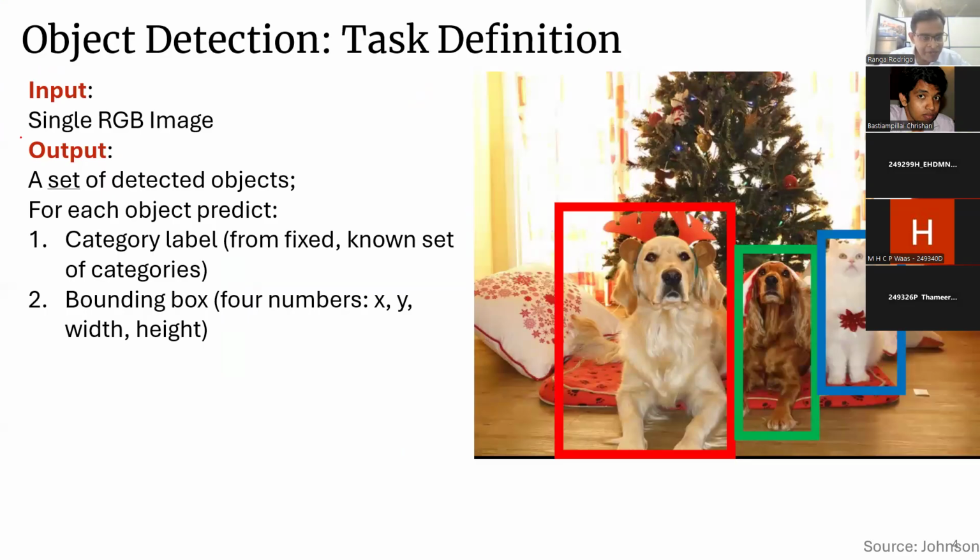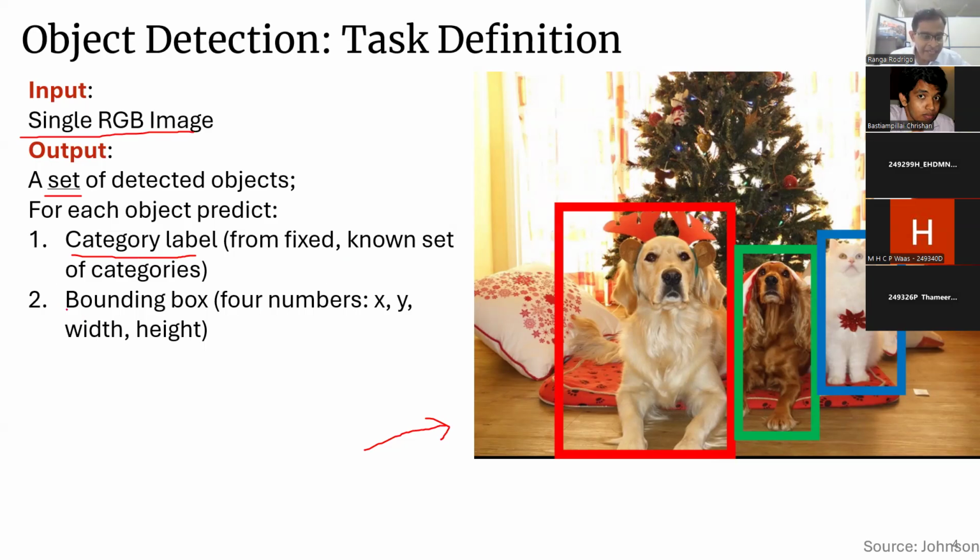Now we input a single RGB image like this one, and then the output is a set of detected objects. For each object we predict, we need the category label from a fixed known set of categories, not all of them in the world, but maybe 1,000 categories, 10 categories, and so on. This is a predefined set of categories.